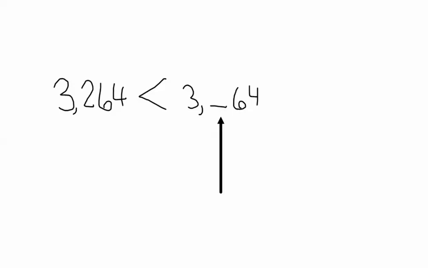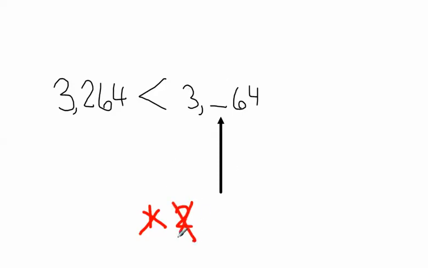What numbers would work? So normally for problems like this, I might look at trying some, see if they work. So if I put a 1 there, would 1 work? So 3,264 is less than 3,164. Nope, that one won't work. How if I put a 2 there? If I put a 2 there, then they would be equal.